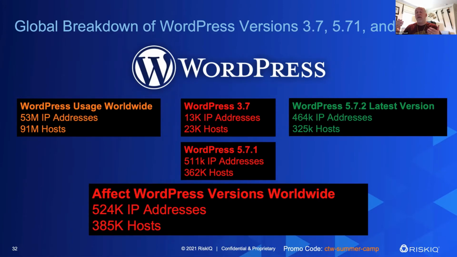But when you combine these together, there's 524,000 IP addresses and 385,000 hosts. All it takes is one other vulnerability to go in to execute this particular vulnerability, and game's over. So that's why it's critical for you to do that.